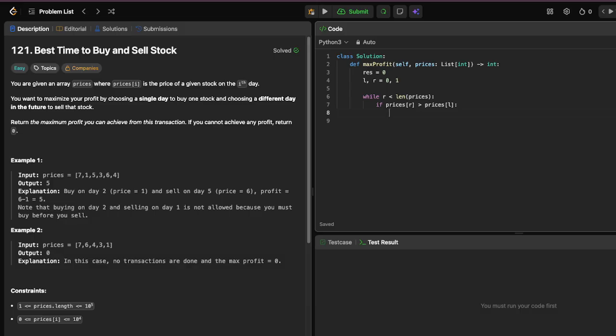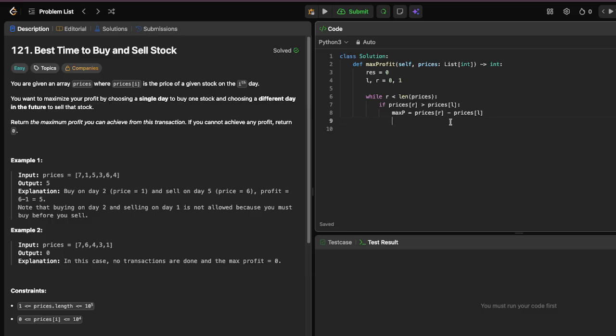And remember, we need to store that profit temporarily, right? So we'll just make a variable called max p in the loop, max profit, and that will just be the prices at the right pointer minus the prices at the left pointer. Because remember, this will always be a positive profit. It won't be a loss because we know that the right is more than the left.